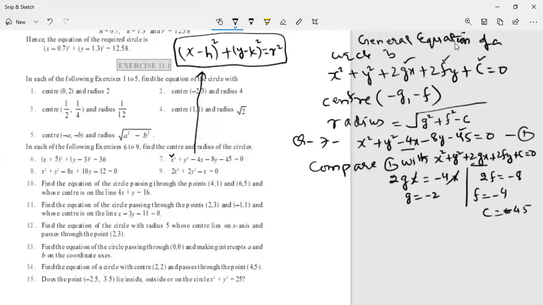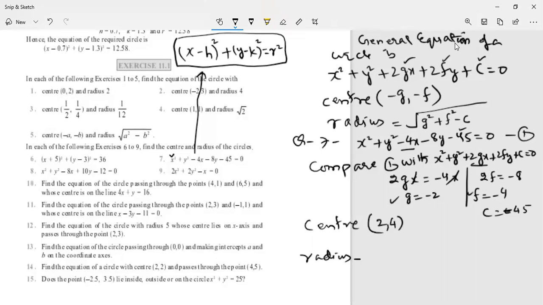Now we can find the center. Center is (minus g, minus f), which means whatever g you get from the equation, you have to change the sign. g is minus 2, so this becomes 2. f is minus 4, so it becomes 4. So the center is (2, 4). Then while finding the radius, use this g and this f.